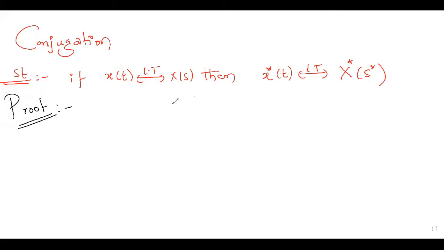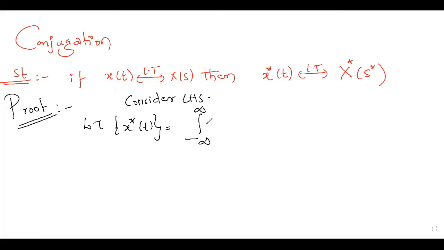Okay, so consider the left hand side. What do we have on the left hand side? The Laplace transform of x star of t. So the standard definition we use is signal multiplied with kernel. But in place of the signal, what we have is x star of t. What is the kernel for the Laplace transform? e power minus st dt, right? So now I would like to write this as the conjugation of a whole integration.